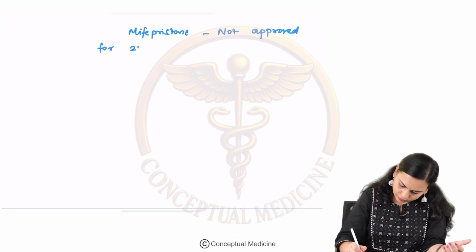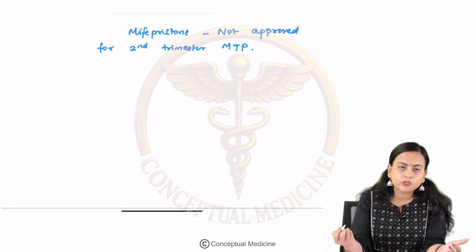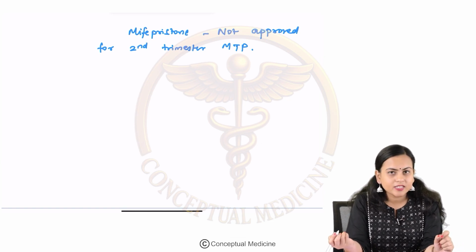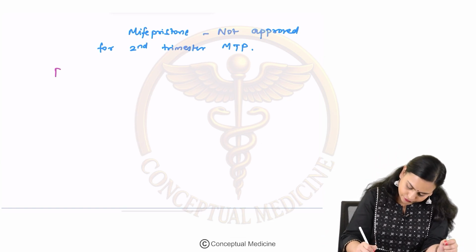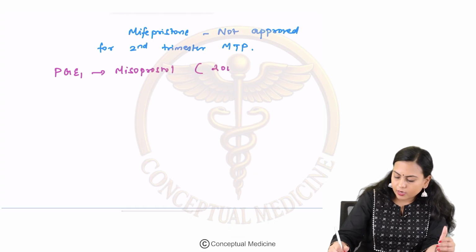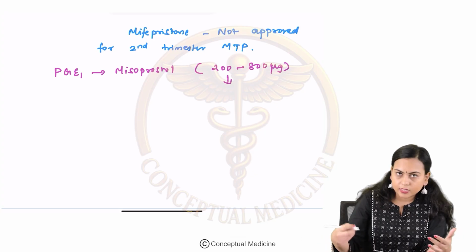If we take prostaglandins, what is the most common prostaglandin we use? Yes, it is prostaglandin E1 and it is known as Misoprostol. We can use a dose anywhere between 200 to 800 microgram, and you can give it by any route.